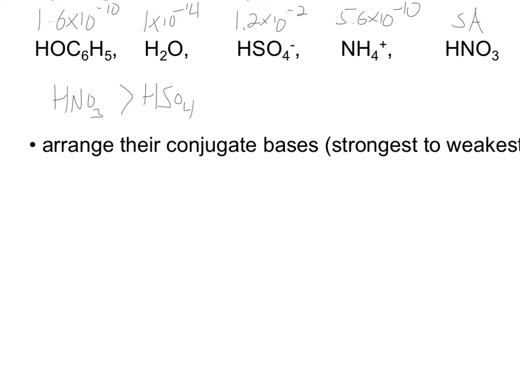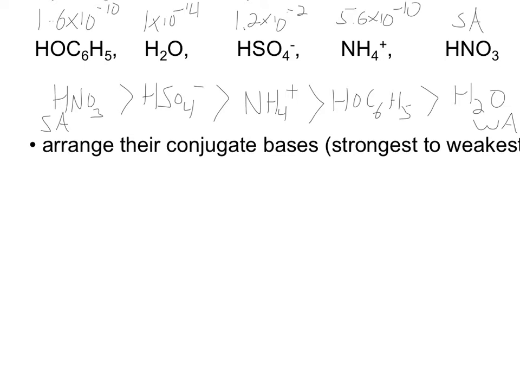And if you just take their values and you put them in order, NH4 is going to be in the middle there, which is a little stronger than HOC6H5. And then it makes sense, we would hope, that water is the weakest acid of the group. Water is very weak, 10 to the negative 14th power. So this is my strong acid, and this is my weakest acid by their K expressions.